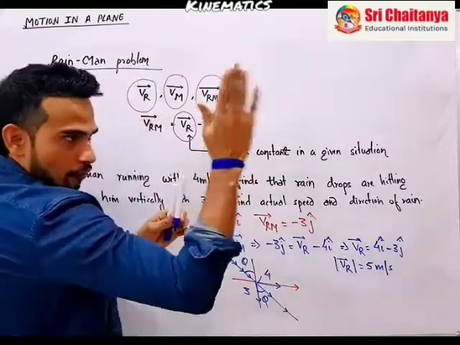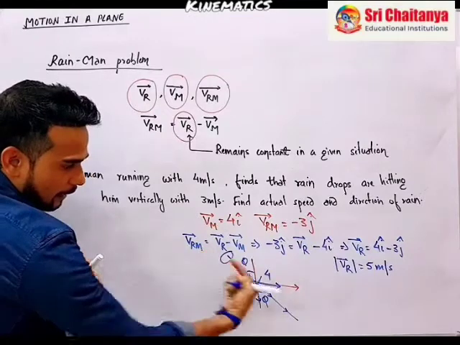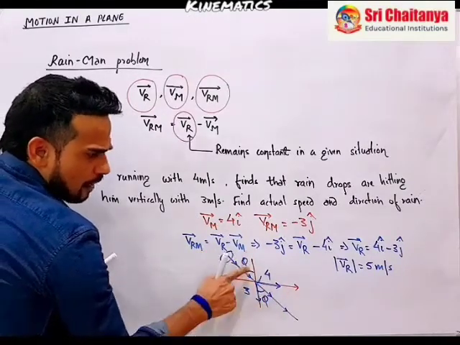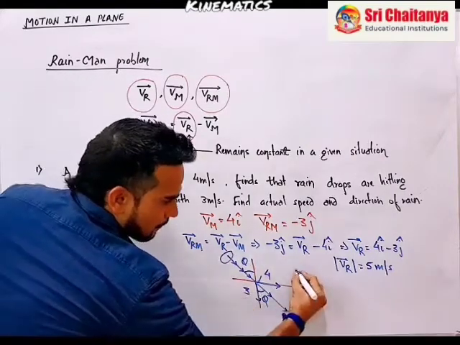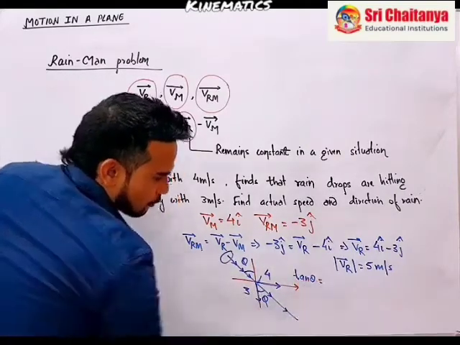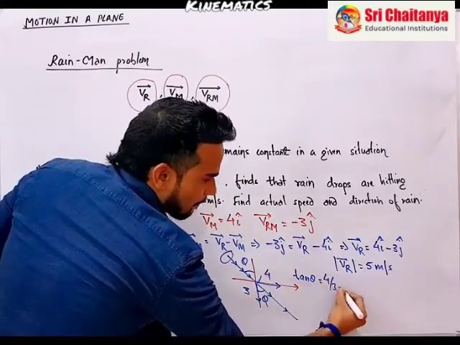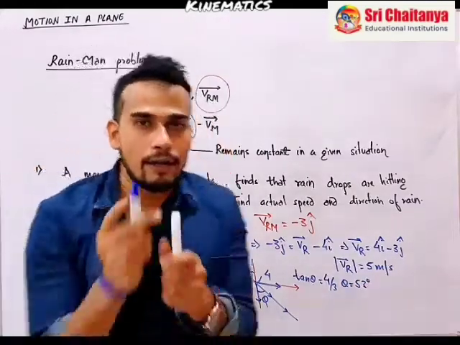They will ask you to find the angle with the vertical, this theta. You can find the angle from the vertical, or from the horizontal if asked. Here I am asking with the vertical, theta. So tan theta equals perpendicular by base, 4 by 3. That means theta will be 53 degrees from the vertical.